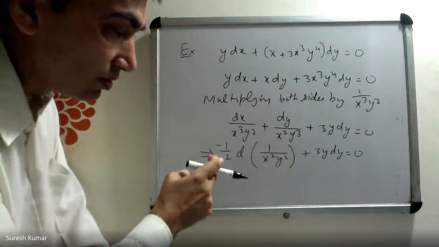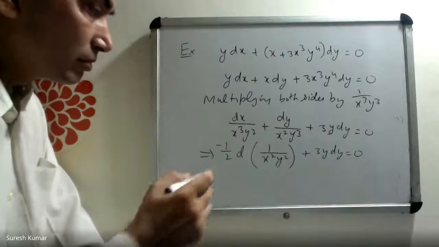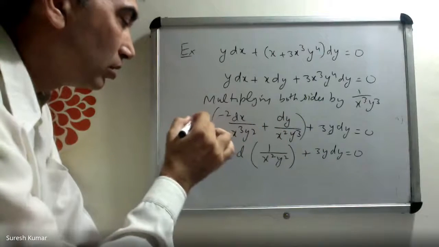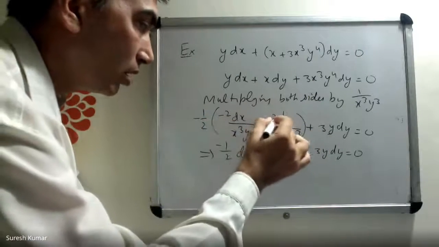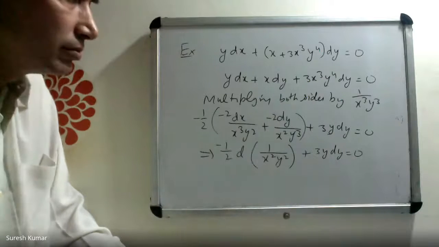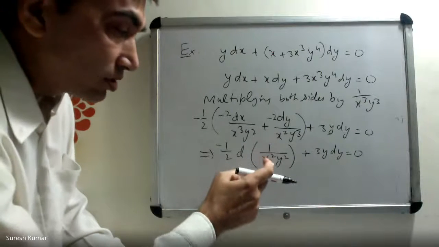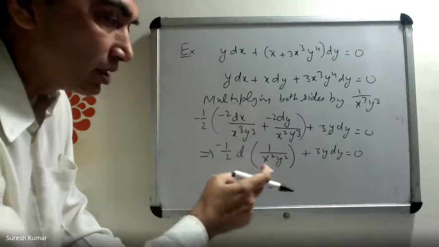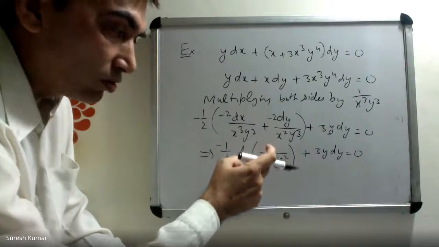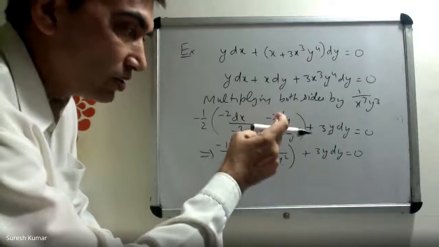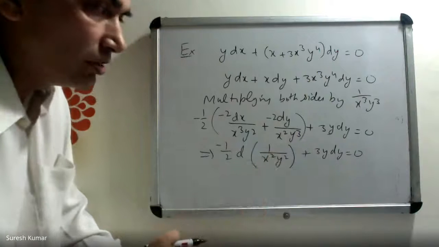Now you are seeing the exact differential here. Likewise, keeping 1 over x square as it is, the derivative of 1 over y square is minus 2 over y cube dy.